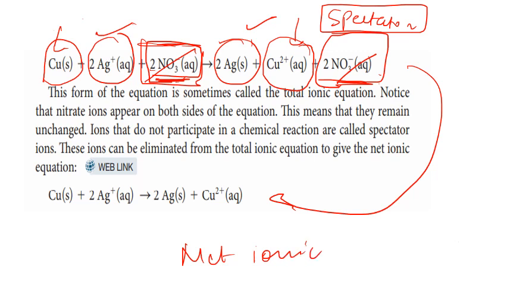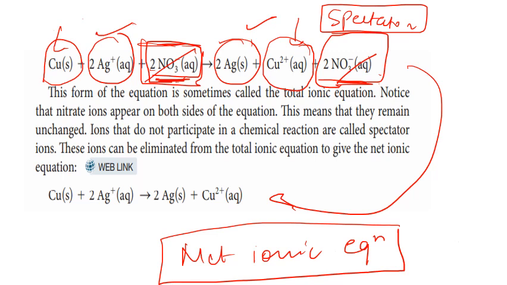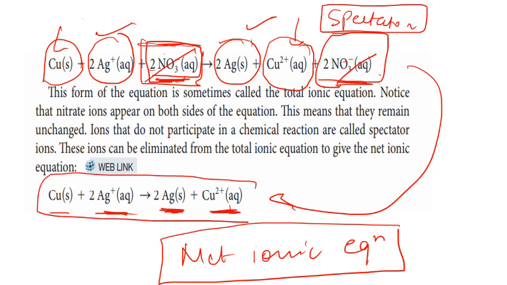Once the spectator ions are removed, you are left with copper solid and 2 Ag plus ions on one side, and 2 Ag solid and copper 2 plus ions on the other. This form of equation is referred to as the net ionic equation.